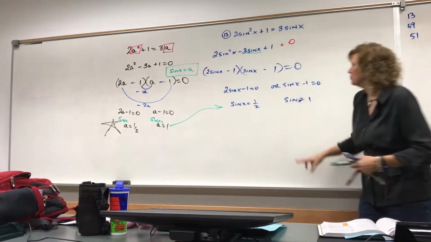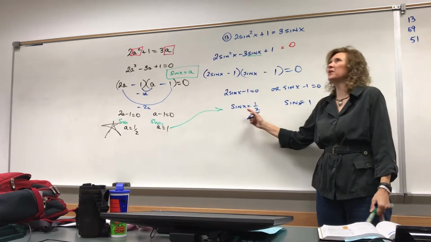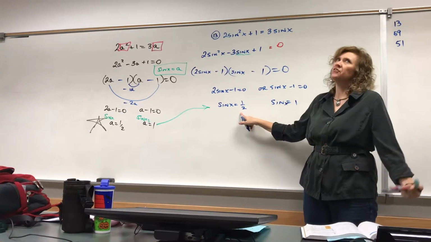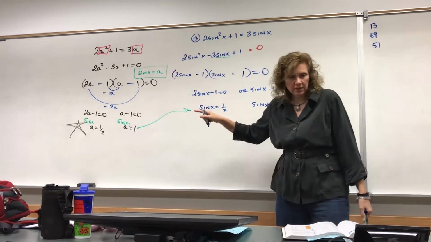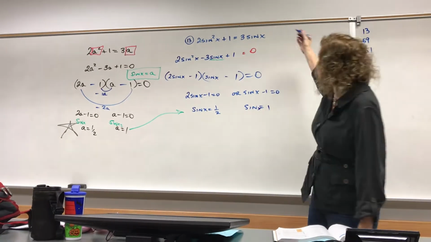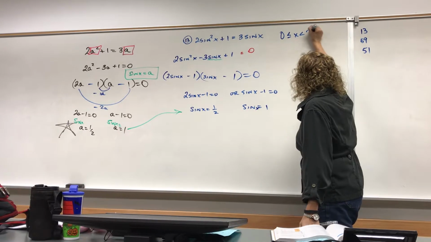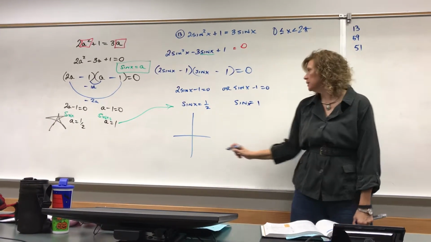So now we're going to draw. Even if this is not special, we still need to consider all angles in one revolution, from 0 to 2 pi, which is one revolution of the circle. Where is sine positive?